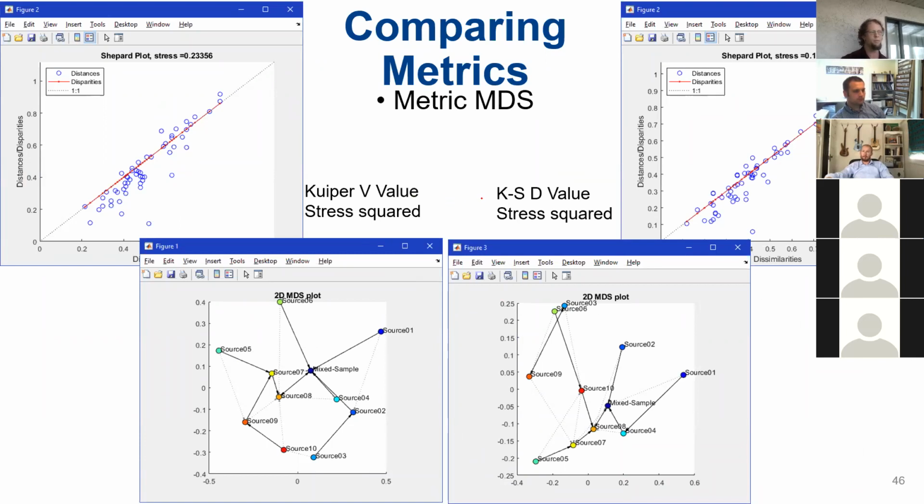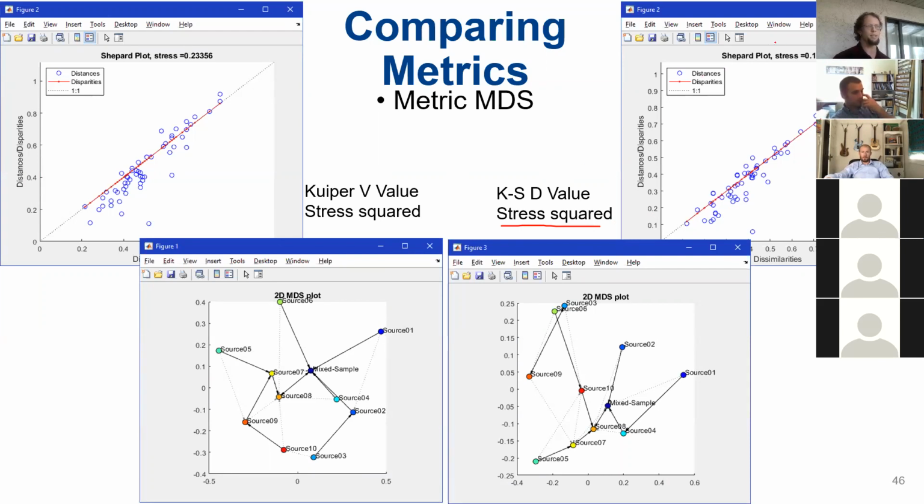We can look at some other metric MDS values. In this case, we're looking at the KSD value based on a squared stress. I'm not going to get into what exactly squared stress is. It's simply a different way of calculating the misfit between the distances and the disparities.